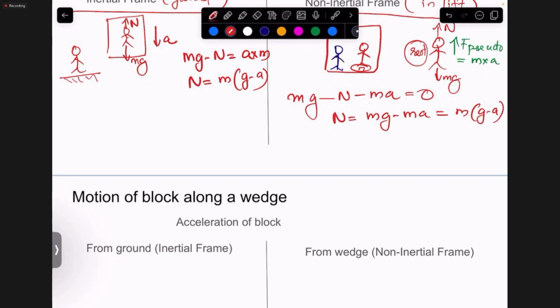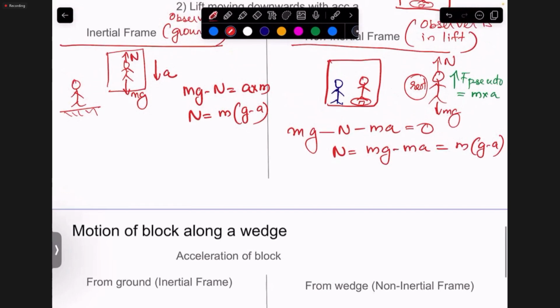So for this person, when the lift is moving downwards, it feels like the normal reaction force is lesser than what we experience on stationary ground. So for this person on the weighing scale, the weight will reduce. Why? Because there is this pseudo force acting upwards, which is balancing part of the weight of this person.